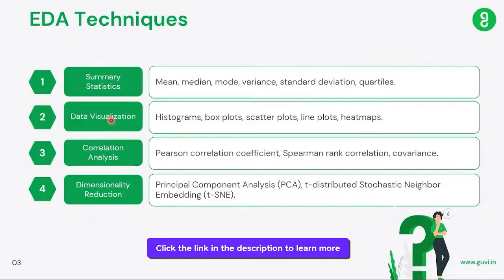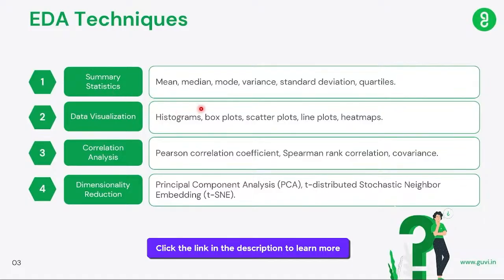Summary statistics. So summary statistics serve as the foundational pillar upon which our understanding of the data is built. Descriptive measures such as mean, median, mode, variance, and standard deviation provide us invaluable insight into the central tendency and variability of our data.